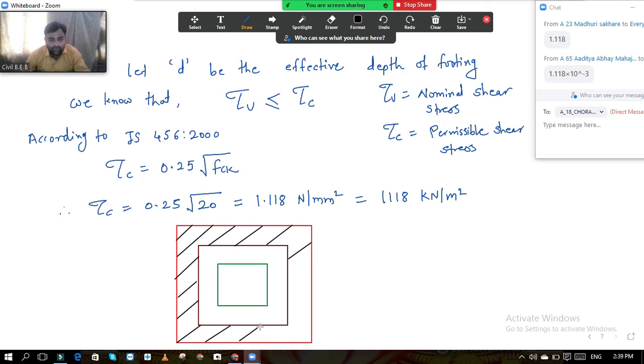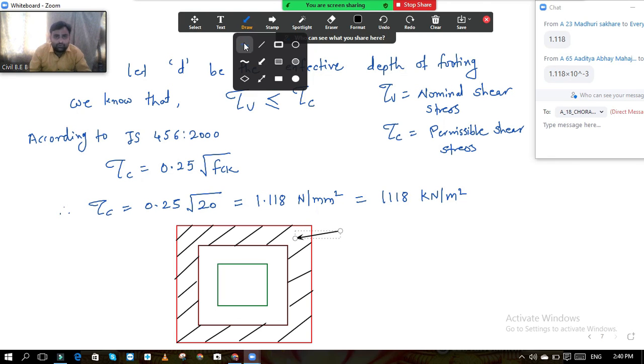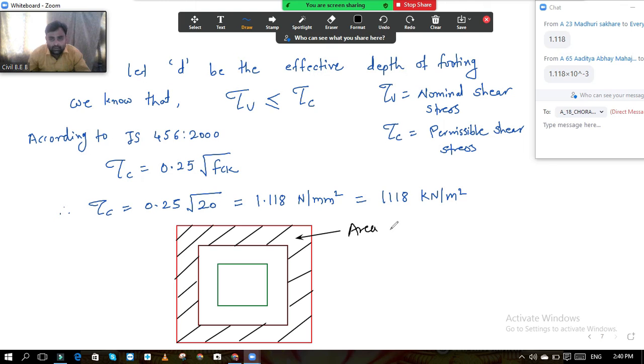And this Vu shear force will act on this remaining area, because the inside area will get penetrated. So this remaining hatched area needs to resist the shear force Vu. This arrow shows you this area, the area which remains.